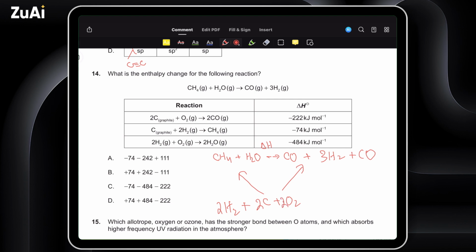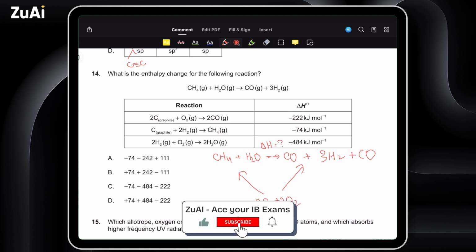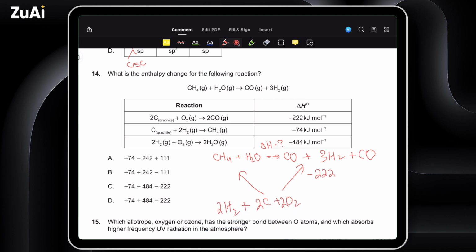So we have to find this. Carbon plus oxygen forms carbon monoxide, so negative 222. We need 1 mole, so divided by 2.